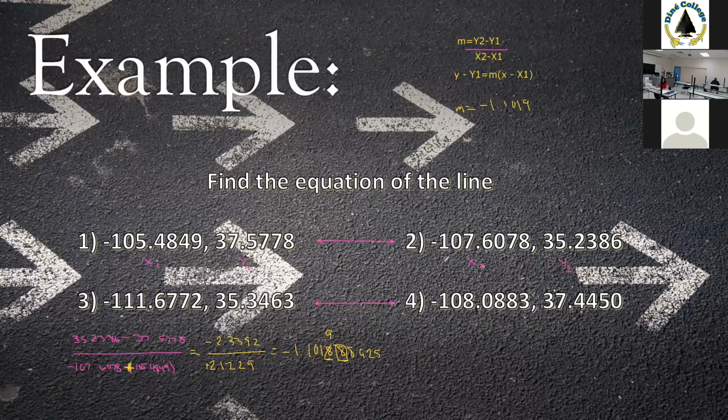And now you only need to use 1 point. So you can use the first one or you can use the second one. That's up to you and how you want to do that one. So let's say I'm going to use this first point.